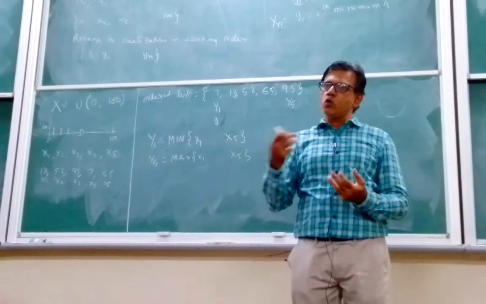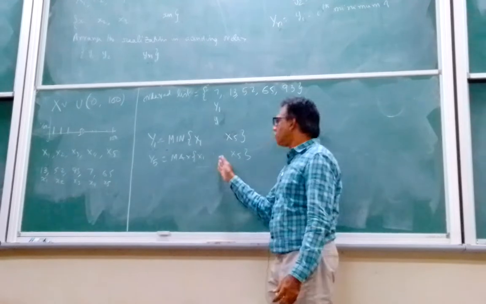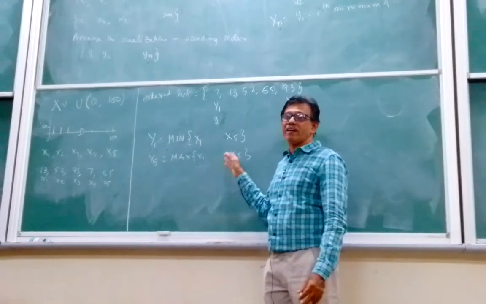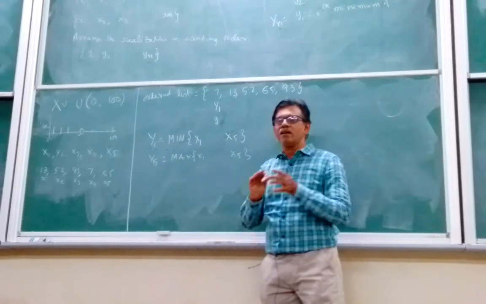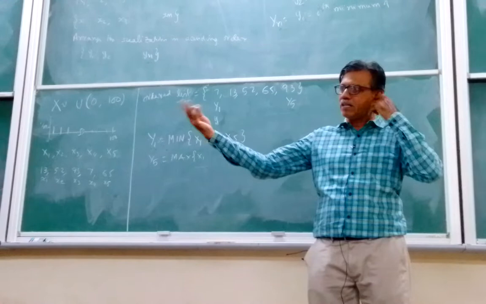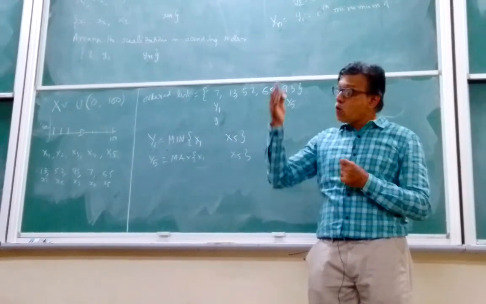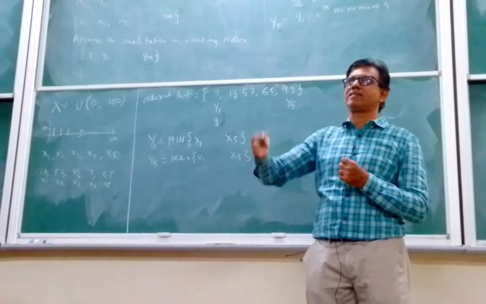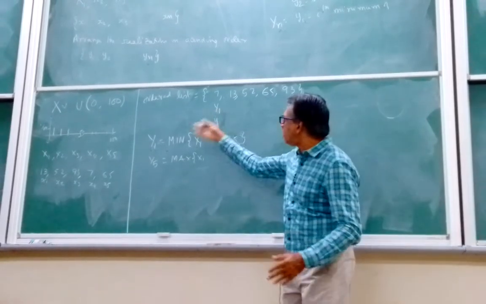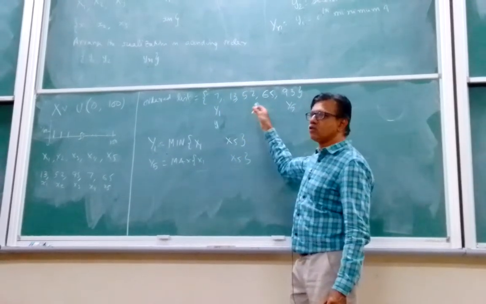So you will be interested in y30, the 30th minimum out of the 100 marks that you have got. Where will that be? You want to put the cutoff mark for selection based on that. So not only the minimum and maximum, any other one is also important.